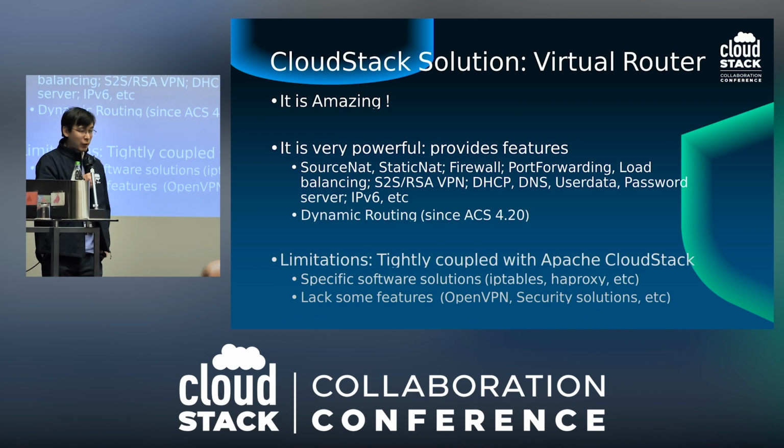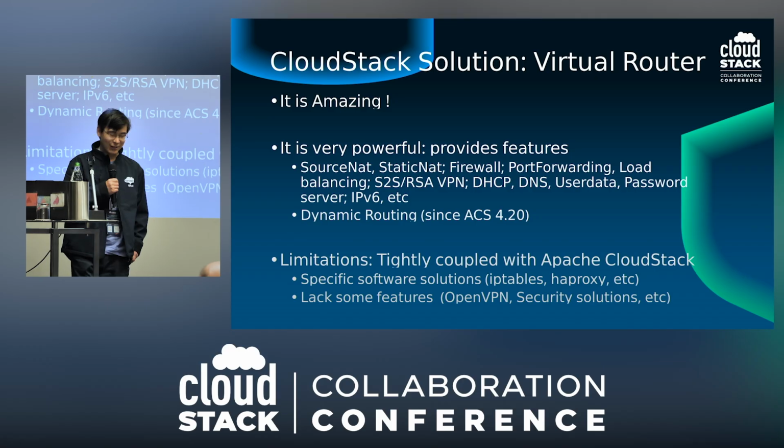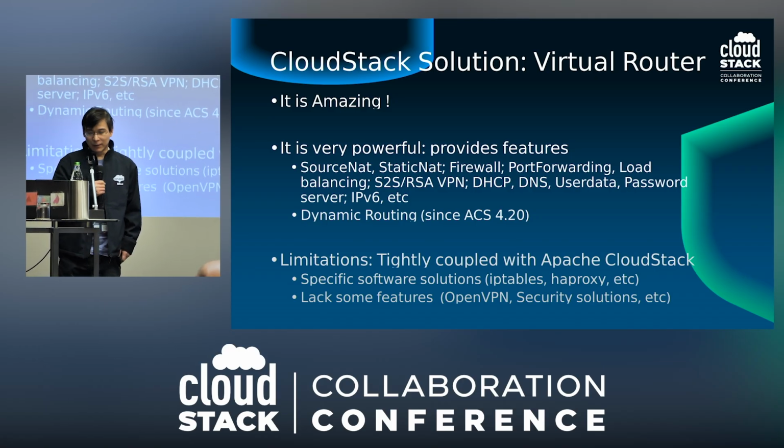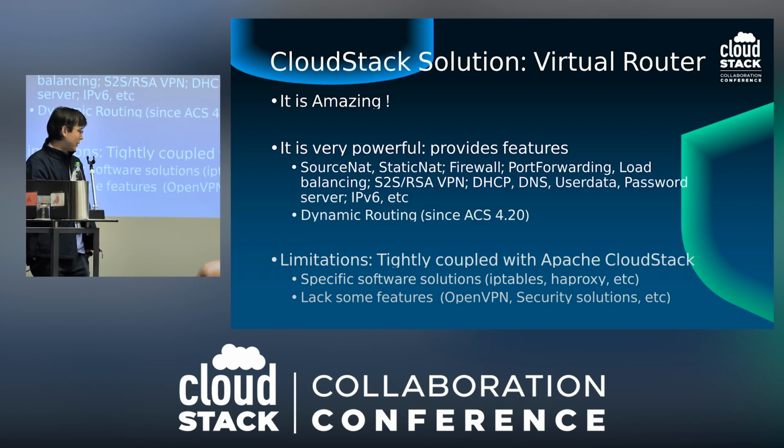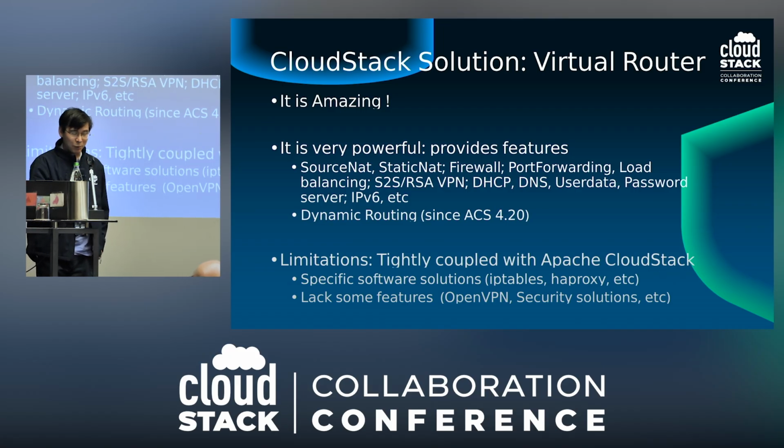But of course, we have to be honest and see that there are some limitations with the CloudStack VR. For example, we use specific software. We use iptables, and some users might ask for alternatives, for example, nftables or something else.